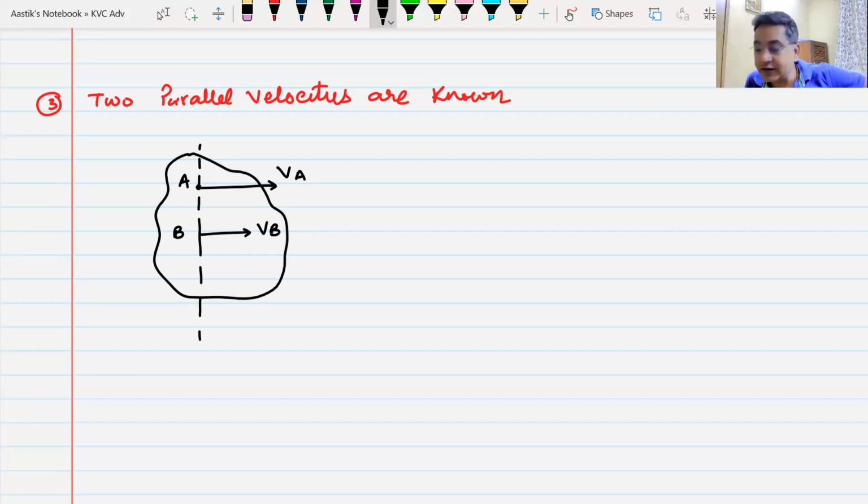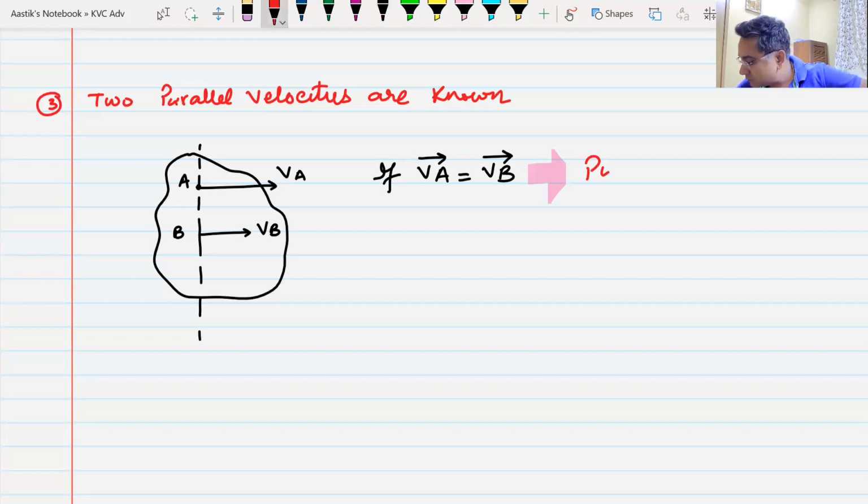VA and VB both are equal vectorially. Then what type of motion does this body have? Pure translation. Right? It has to be pure translation. Well done. Velocities of all the points are going to be equal in that case. That would be pure translation.